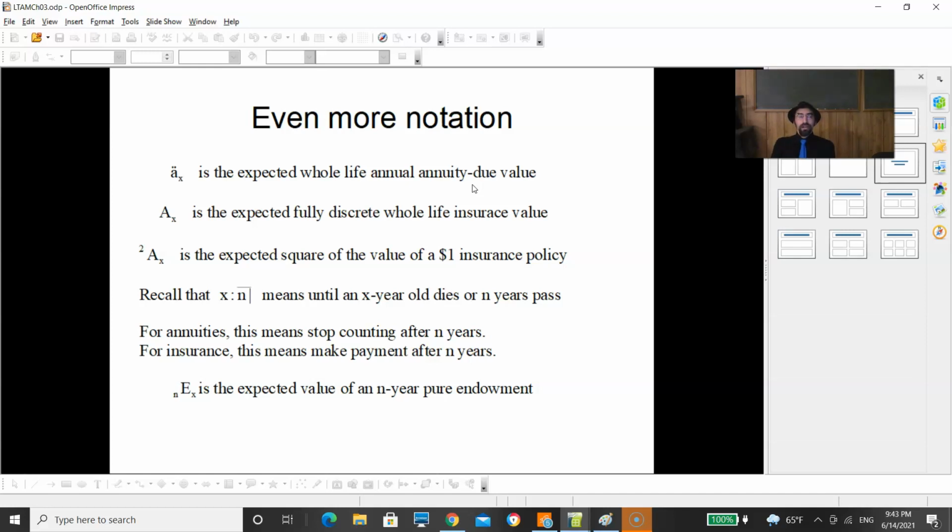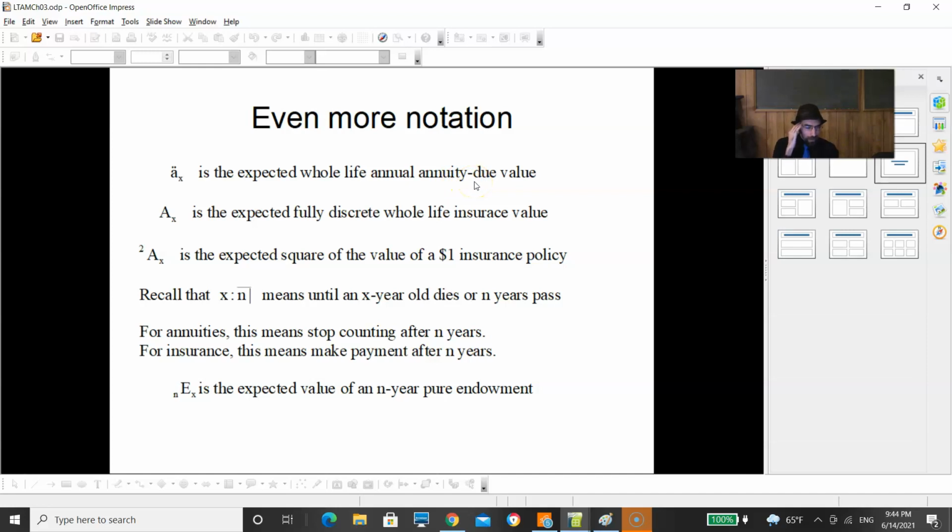So you might recognize A double dot as annuity stuff from exam FM. You see the double dot and you say, oh yeah, I think that means payment is at the beginning of the year, and it is. And you might also remember that annuity due means paid at the beginning of the year, and annuity immediate means paid at the end of the year, even though it sounds like they would be the opposite. But no, it's annuity due.